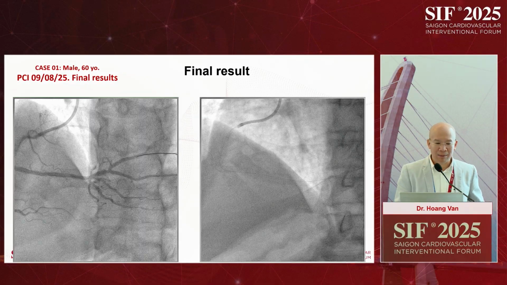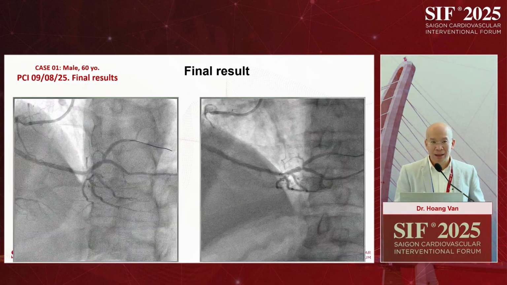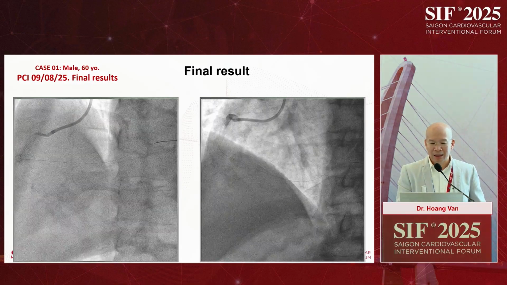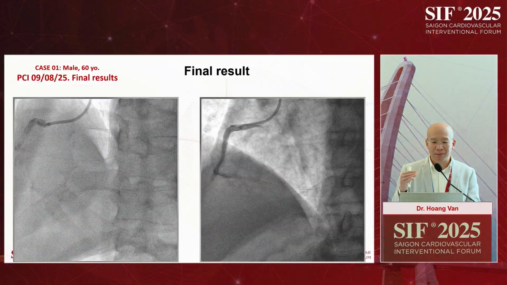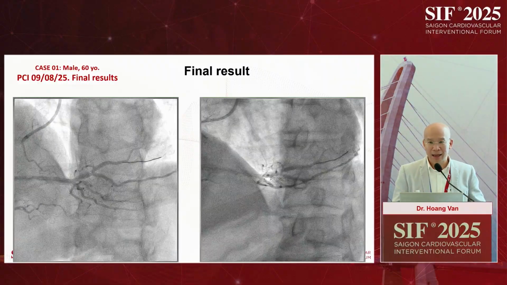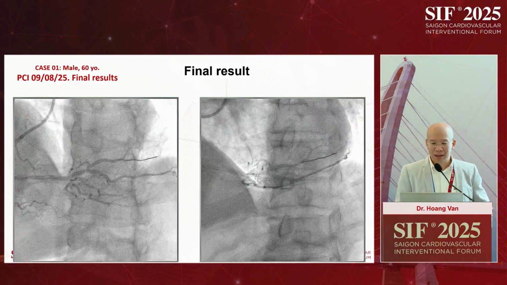After lesion preparation with the cutting balloon, the lesion is now open. The dissection is limited, maybe type A, so it is suitable for DCB.